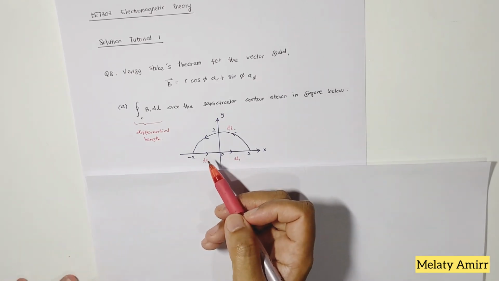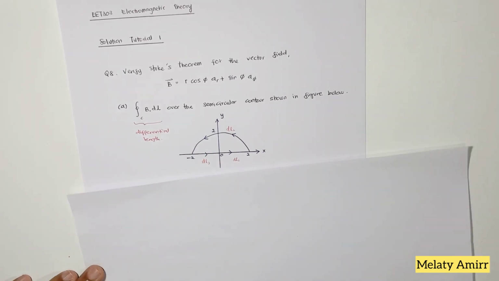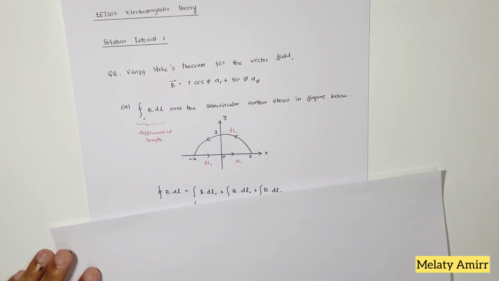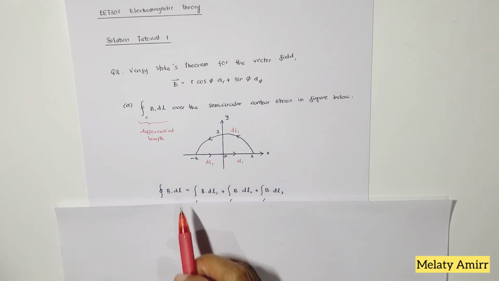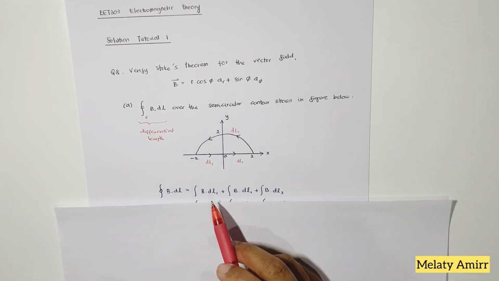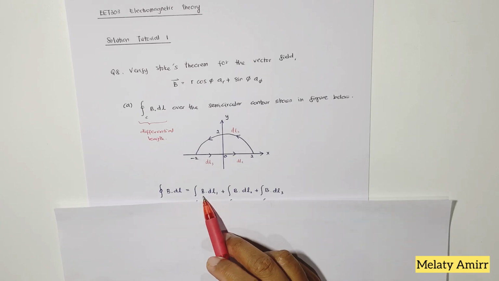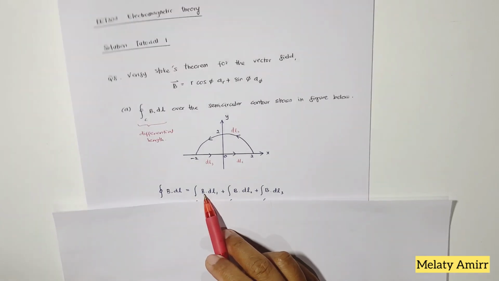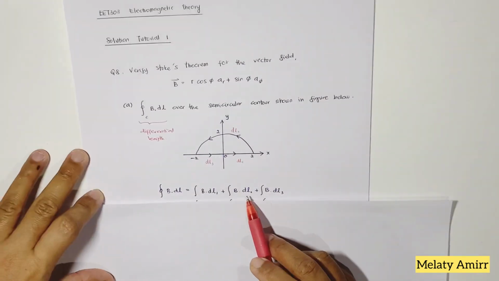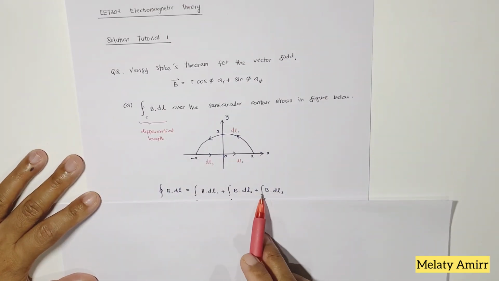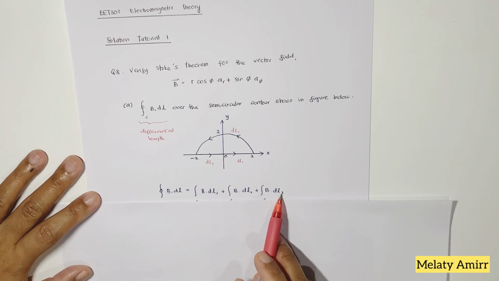So we need to do the differential length. First, you need to add all the lengths here. So you need to do integration of vector B dl1 plus integration of vector B dl2 plus integration of vector B dl3.